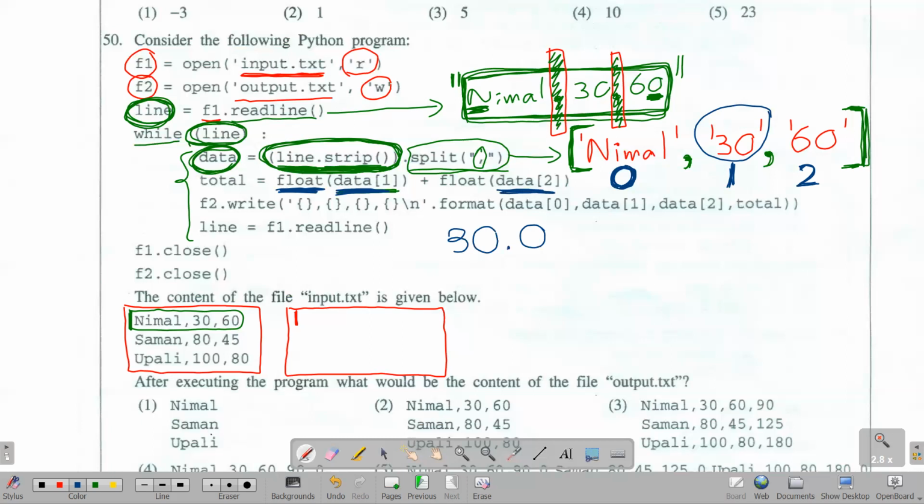Take data 2, that means this. Convert it into a float, that means 60.0.